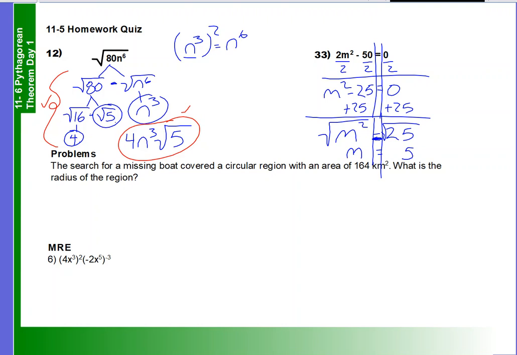But wait a second, 5 times 5 is 25. But negative 5 times negative 5 is also 25. So I need to take into account that I have both positive and negative 5 as my answer.